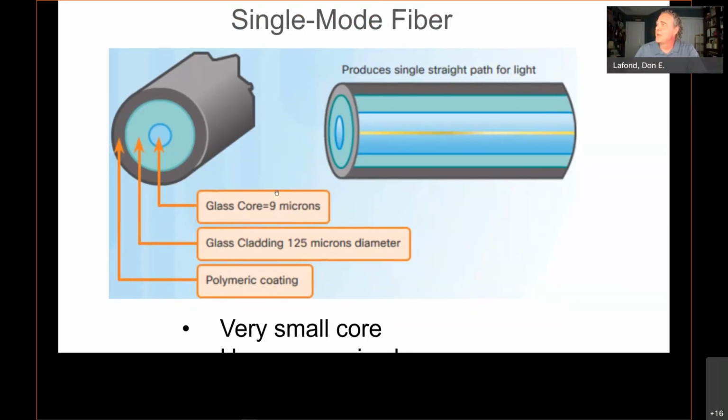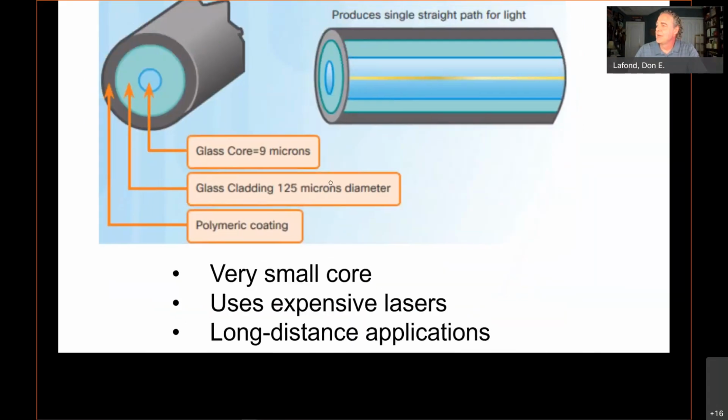Anyways, single mode fiber. It has a single core. It uses less expensive lasers, and it's great for long distance applications. The glass core is 9 microns. The glass cladding is 125 microns, so this is not to scale.